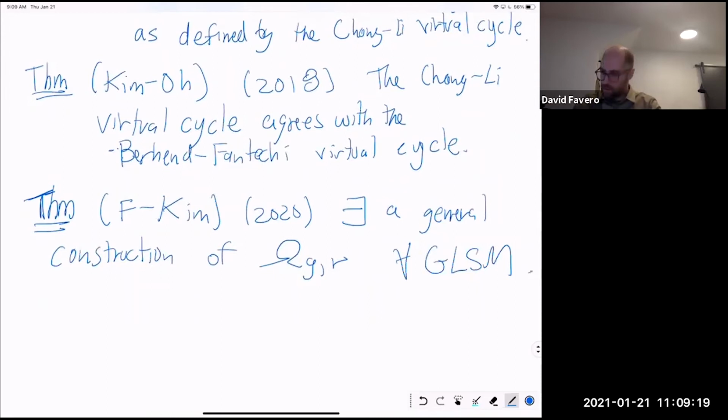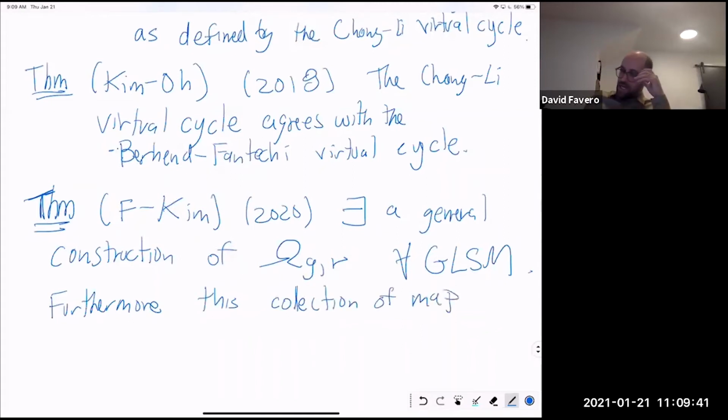And furthermore, this collection of maps form a CoFT for any GLSM. So I think that's what you were asking.